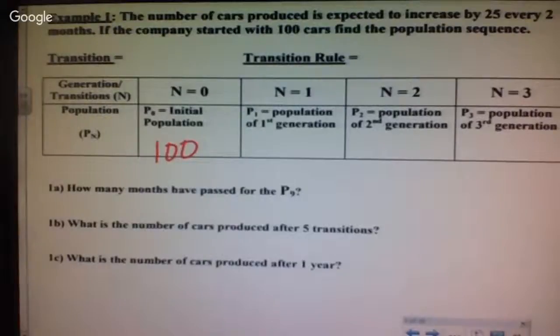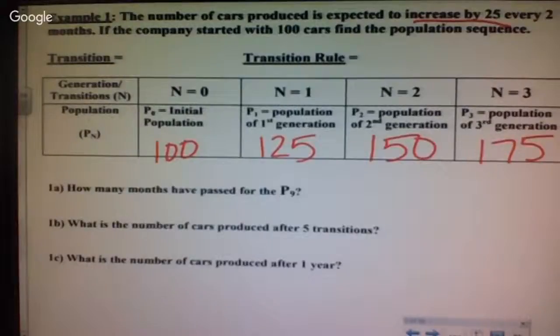After 1 transition, how many? 125. After 2 transitions. After 3 transitions. 175. How'd you get that? Adding 25. It says we're increasing by 25.